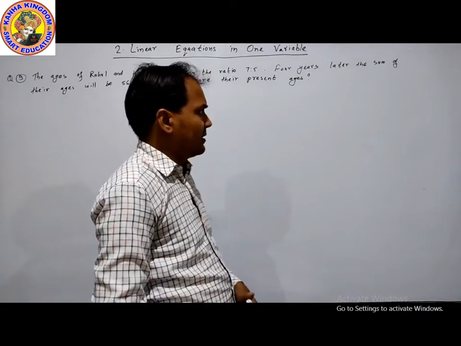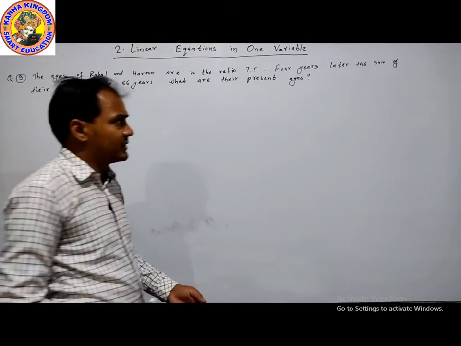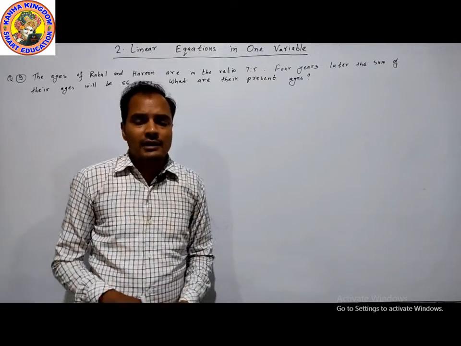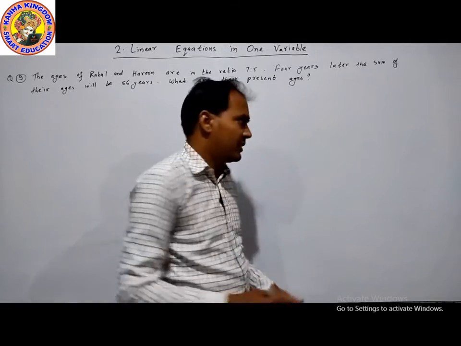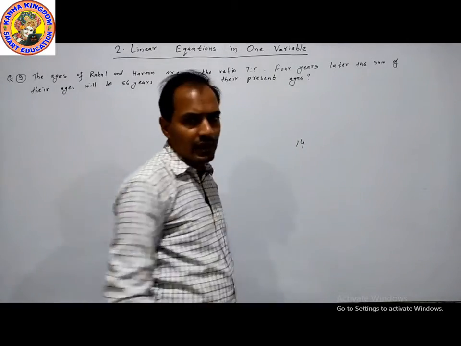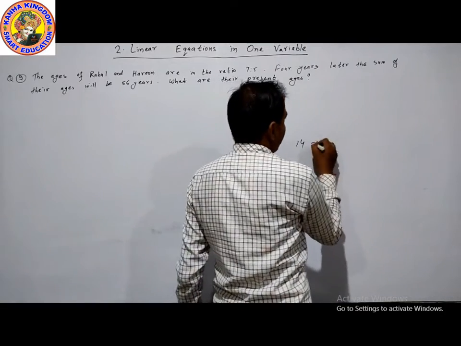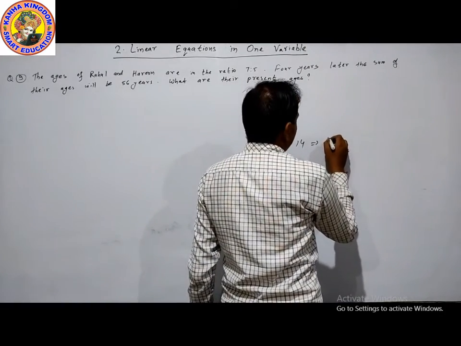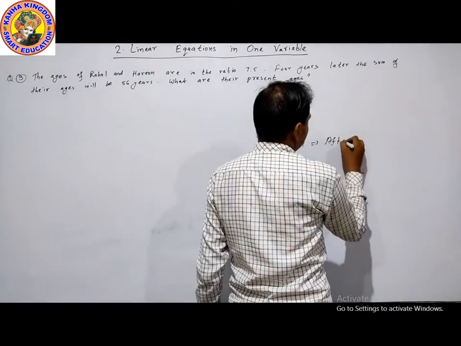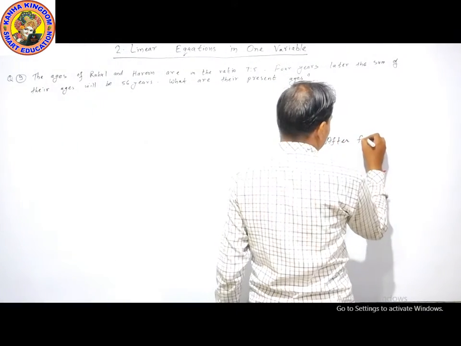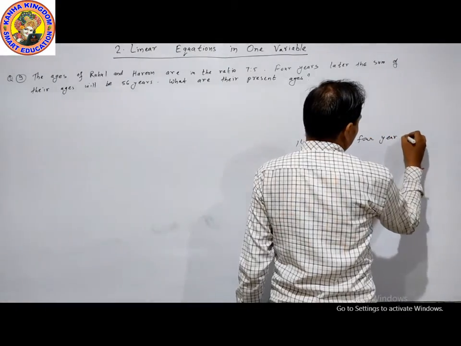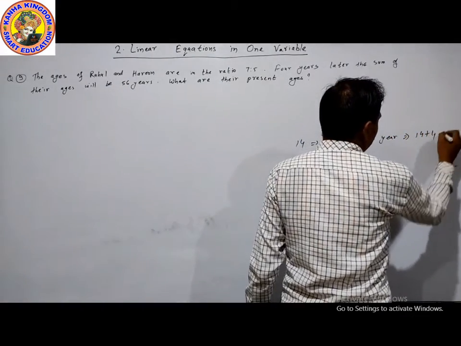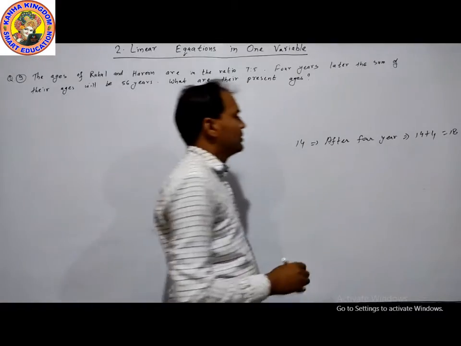4 years later, after 4 years: let us assume your age is 14. Then what is your age after 4 years? After 4 years, you will be 14 plus 4, 18 years.